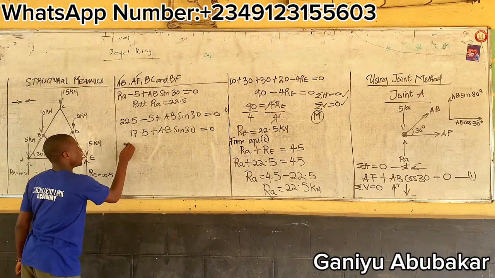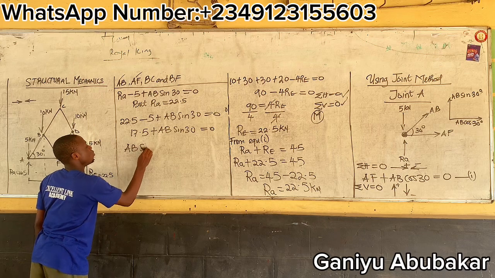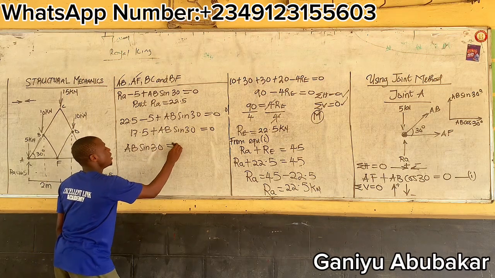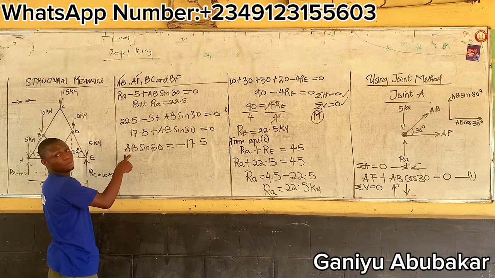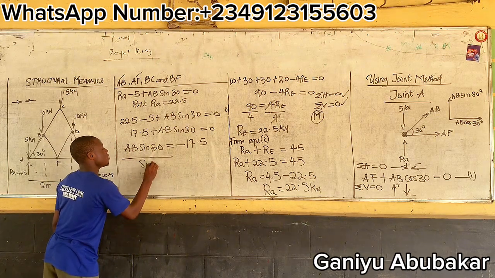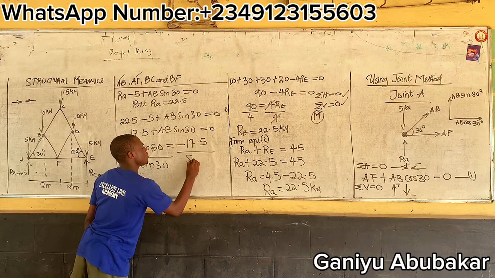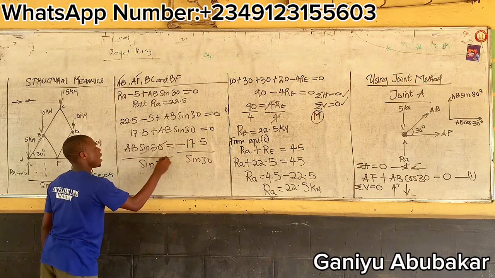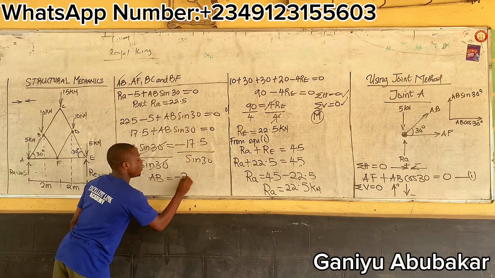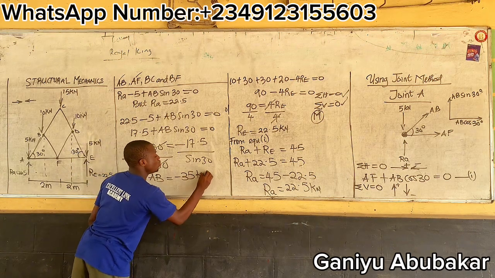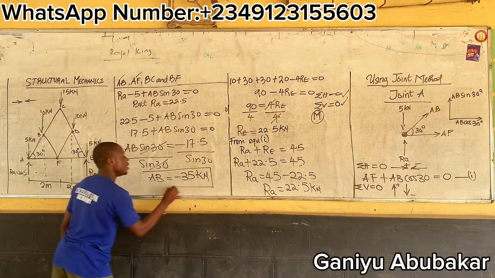So I'll have AB sine 30 equal to negative 17.5. I want to get AB, so I divide by sine 30. What do I have as my answer? AB is negative 35 kilo Newton. I've gotten my AB.